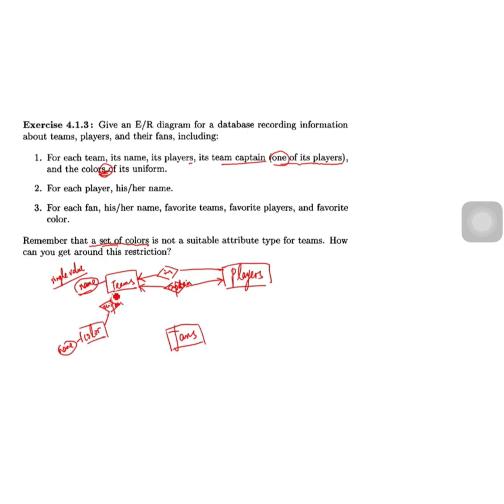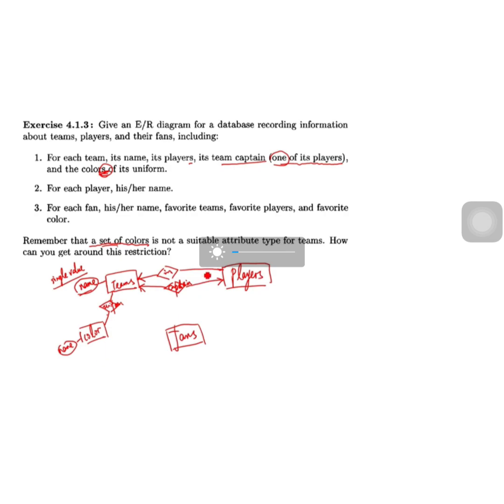Okay, so for a team there may be many colors in its uniform, and a color can be used in the uniform of many teams. So the relationship is many.